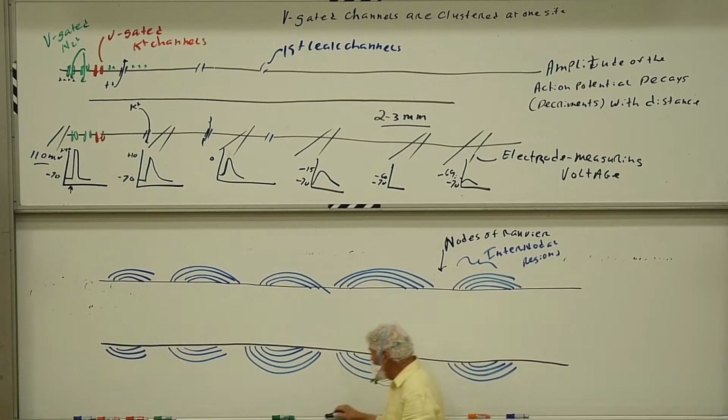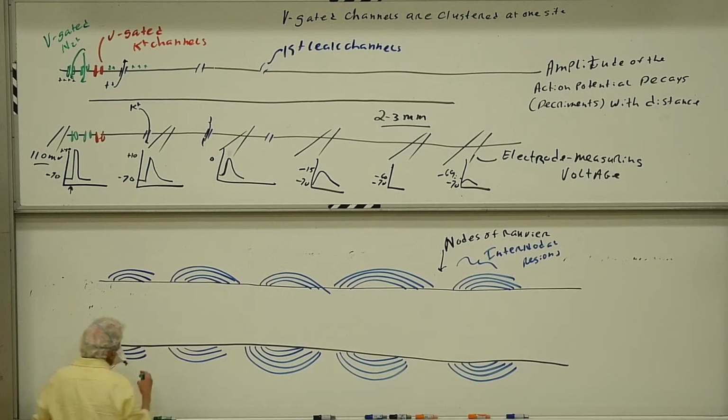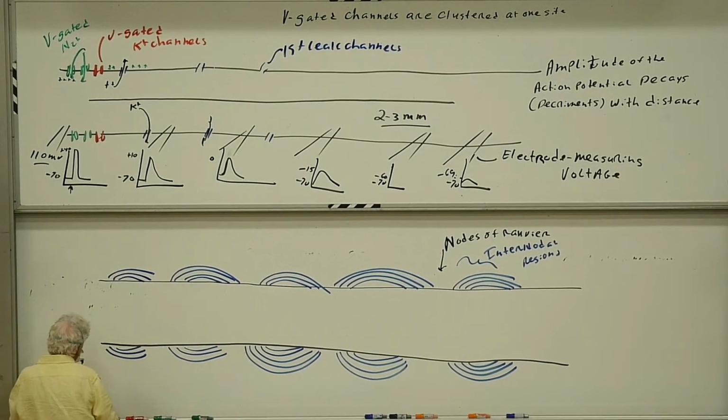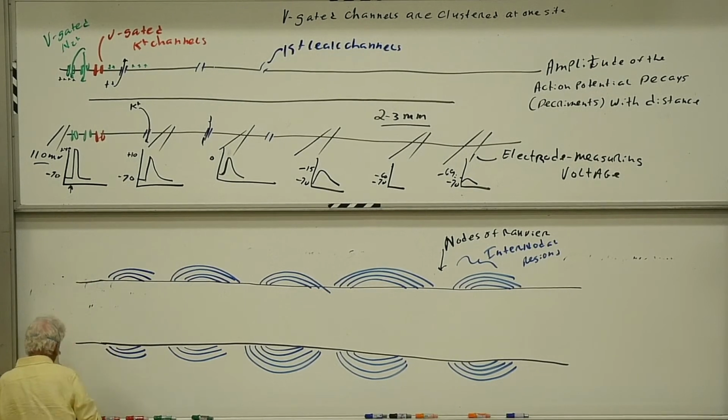Now you may remember we said that the hallmark of the nodes of Ranvier is that that's the site where we cluster the voltage-gated channels.